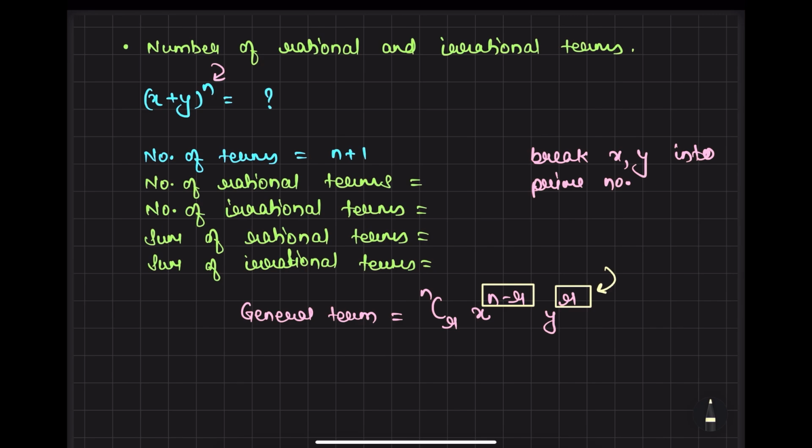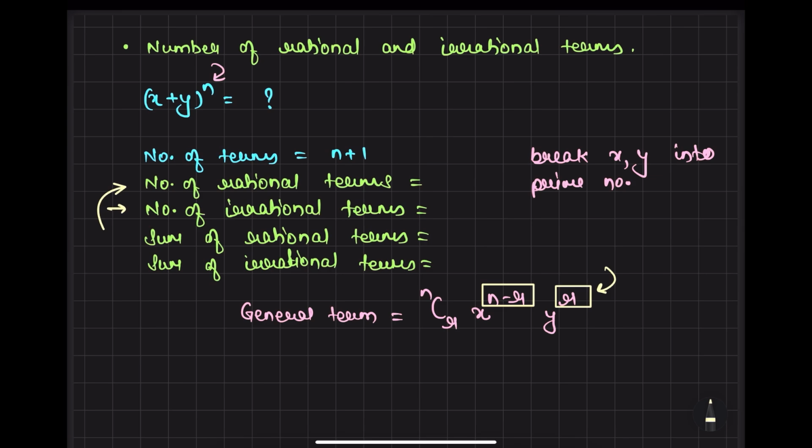Now, whatever the question is, you will search for the rational terms only. Suppose you got the number of rational terms as 20. Don't you think you can then answer the other question as well? The number of irrational terms will become n + 1 minus 20, correct?